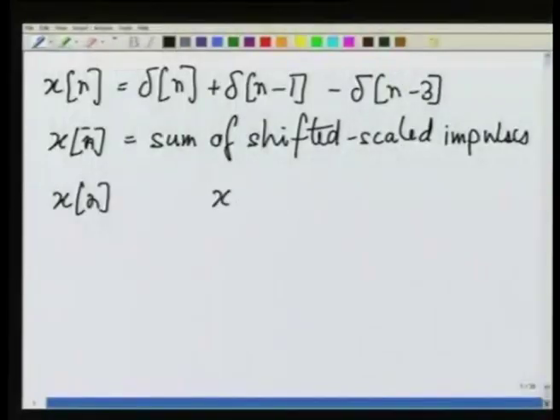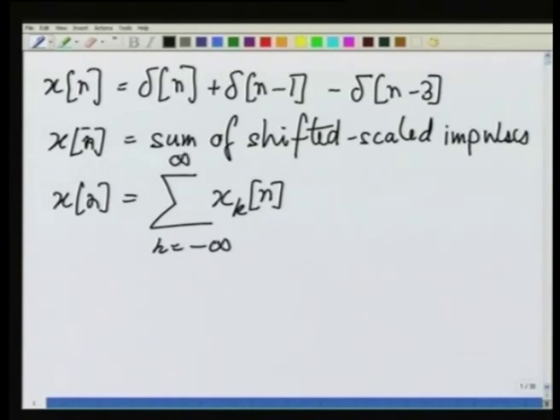These simpler signals I will call x k of n. X n is the sum of these signals, where k runs from minus infinity to infinity.